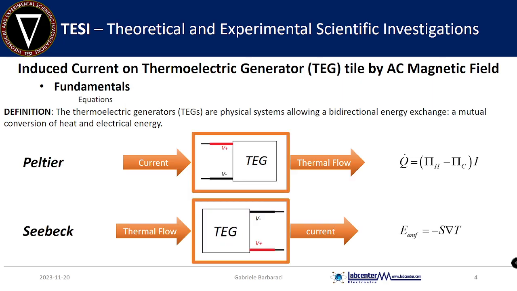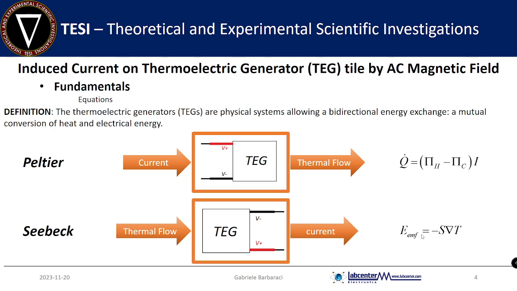All right, the historical background is very simple. They see this material in two different aspects. We have said before something that is related to these two scientists, Peltier and Seebeck. If we give current to the system, through the Peltier coefficients, which are related to the particular material that characterizes the PN junctions inside the TEG, we get a certain thermal flow through the entire thickness of the tile.